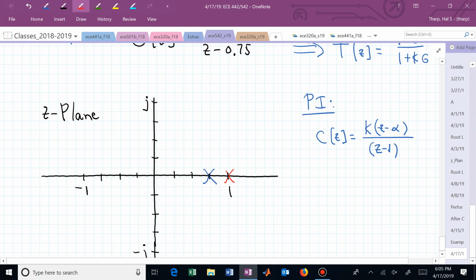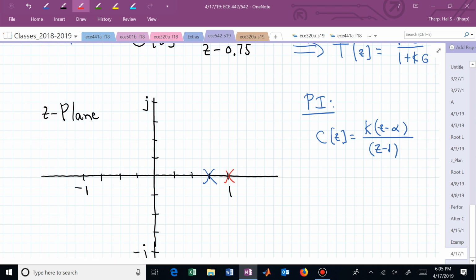It's going to be red. And where might I locate my 0? You have all sorts of options, don't you? But you can only locate it on the real axis.